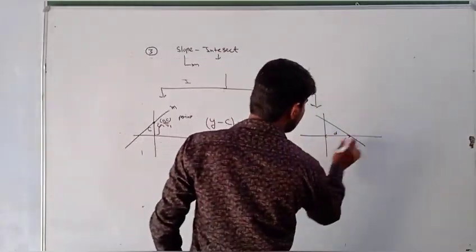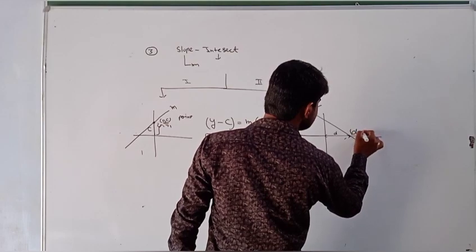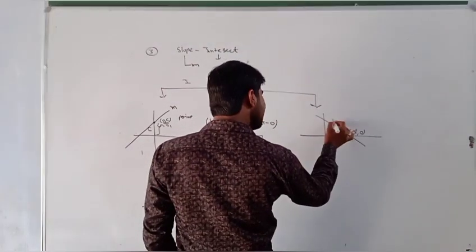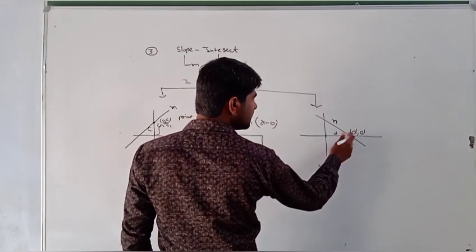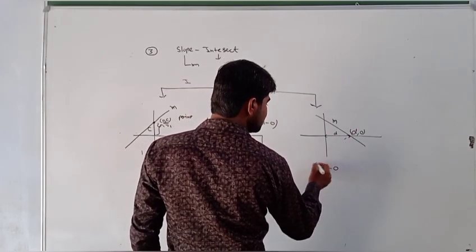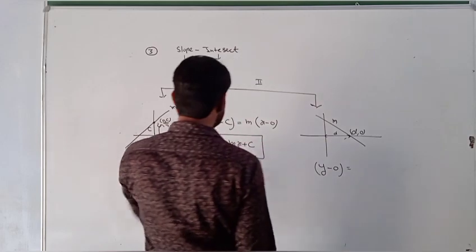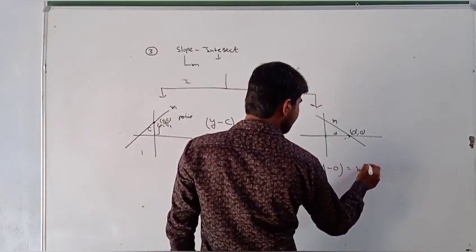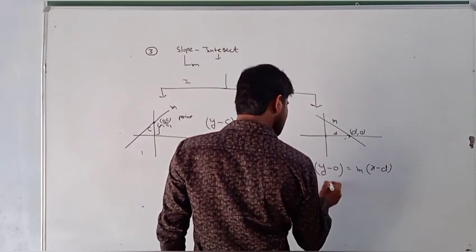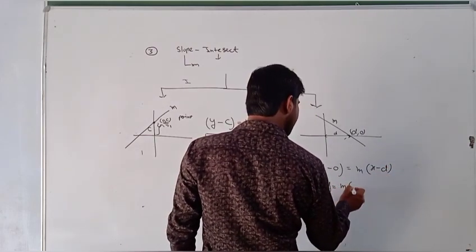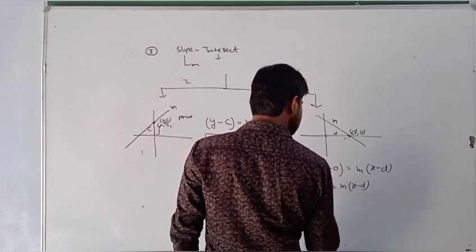So this point will be (d, 0), and the slope is given as m. So what will be the equation? y minus, what is the value of y1? 0, is equal to m times x minus, what is the value of x1? d. So y is equal to m(x minus d).